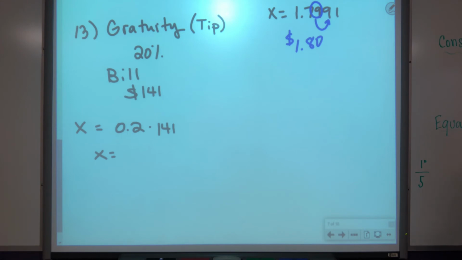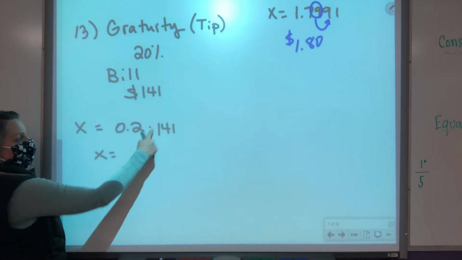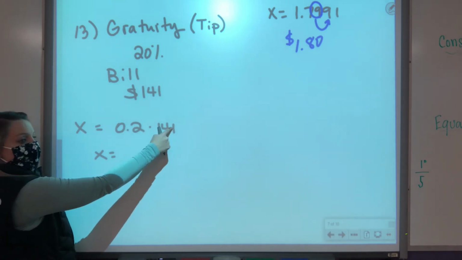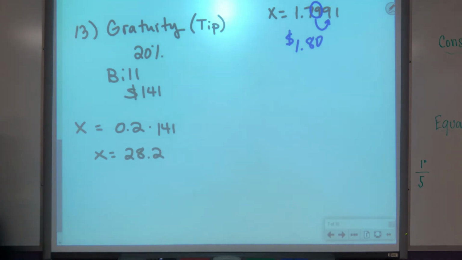How much money are we leaving? $28.20. Okay. So when we multiply 2 tenths by $141, we get this, yes?